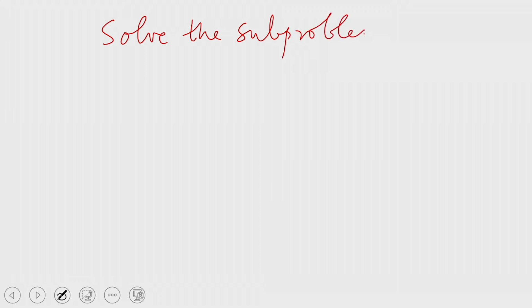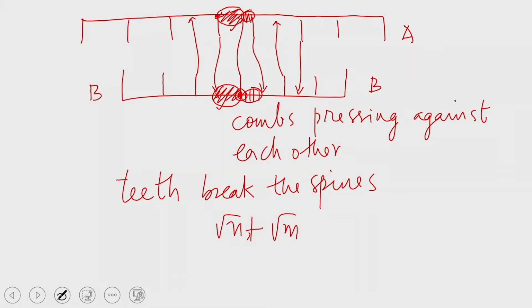In this case, we solve the subproblems recursively. This is the departure of this algorithm from the previous algorithm. Here the subproblems are solved recursively. But to solve the subproblems recursively, how many processors will we need?